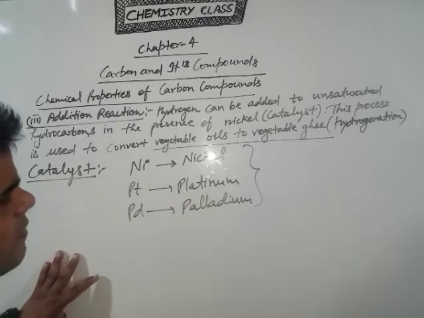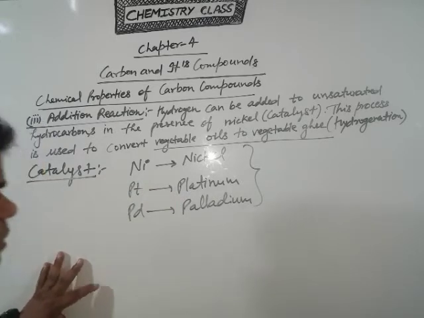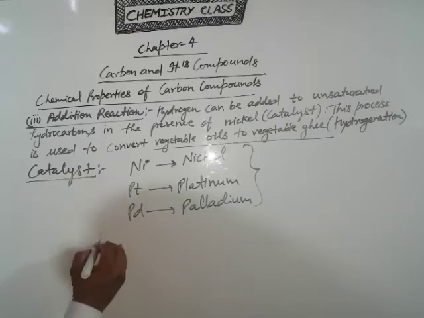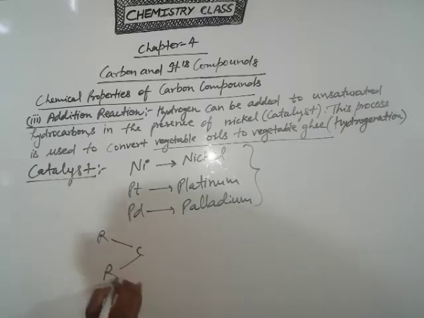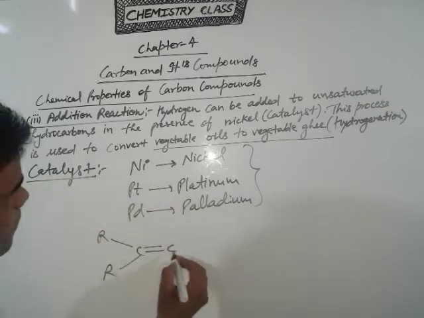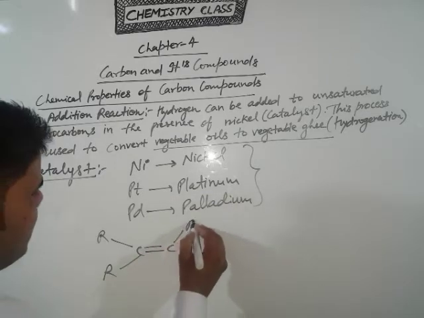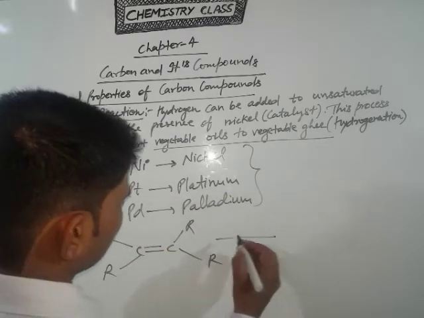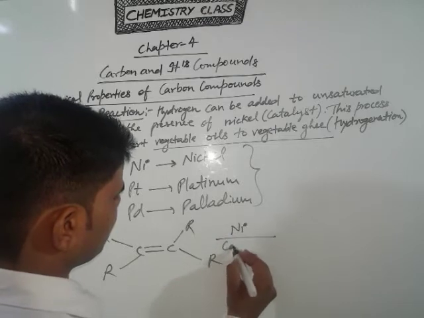So students, in this case a double bond is required. First of all we will discuss the important reaction, in which vanaspati oil converts into vanaspati ghee in the presence of a nickel catalyst.